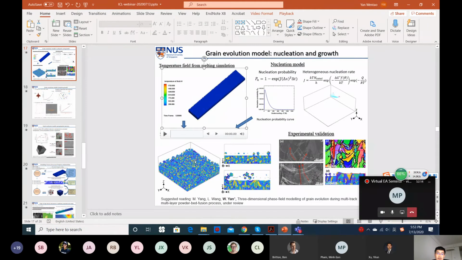We use multiple GPUs to run this case, but it's still time consuming. If we want to do a larger simulation domain, we have to move on to a supercomputer. Yeah, that's a limit of the computational performance.